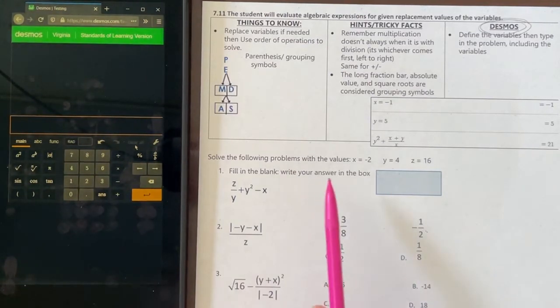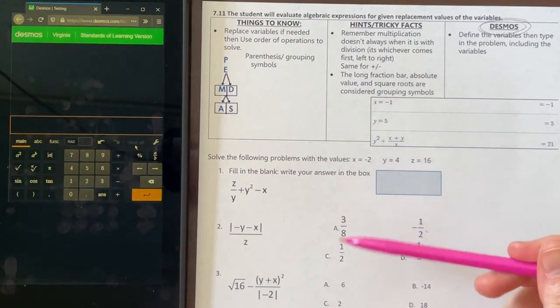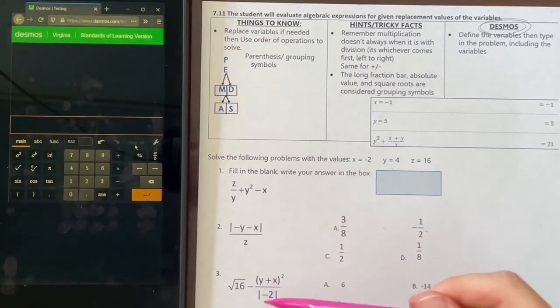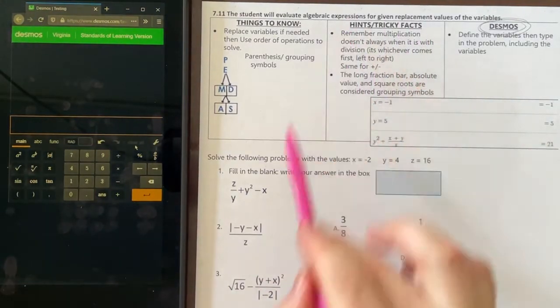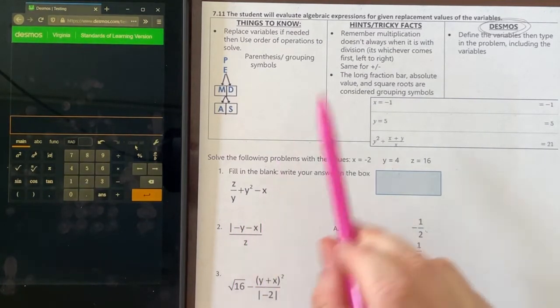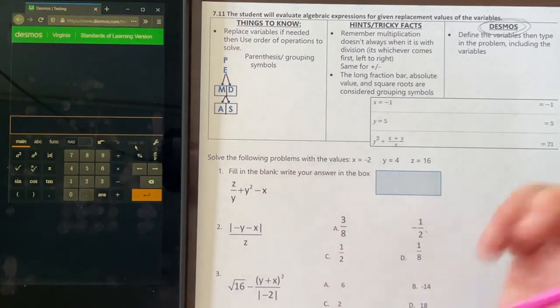So now it gives you these values, and so now I can use those values for each of these expressions. Again, an expression is those terms, variables, and operations, but it does not have an equal sign. Again, the equation is including the equal sign, where an expression is just one side of that.